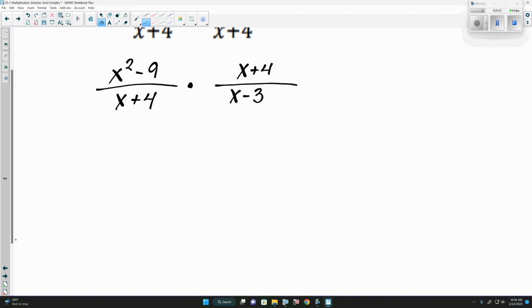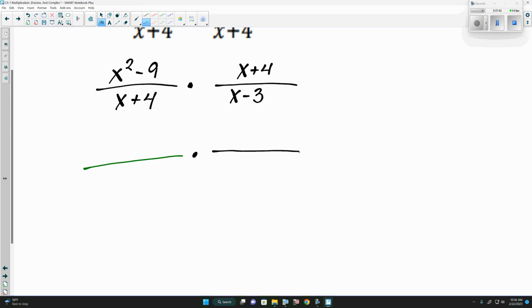Before we do any factoring, with division, I would get that out of the way first. That way we remember to do that part, and then treat it like we're going to do multiplication.